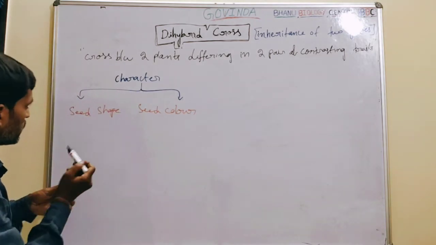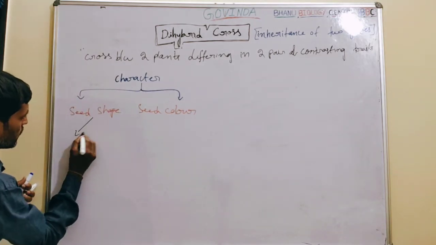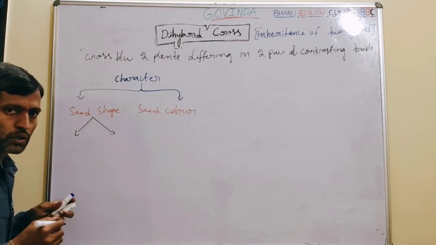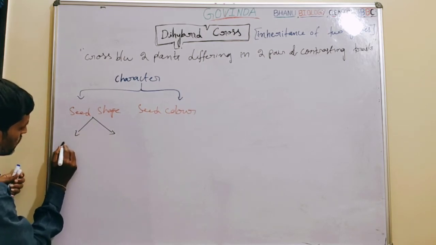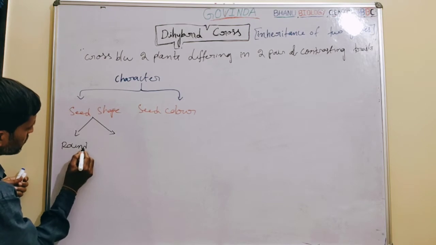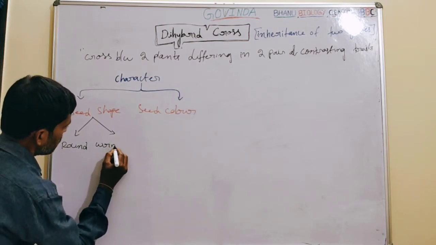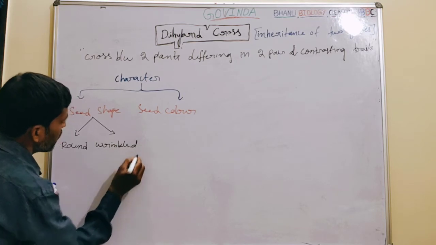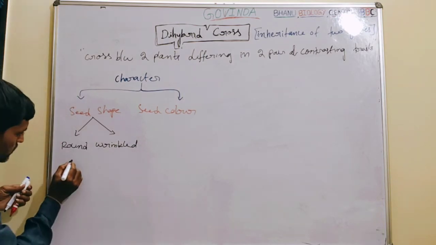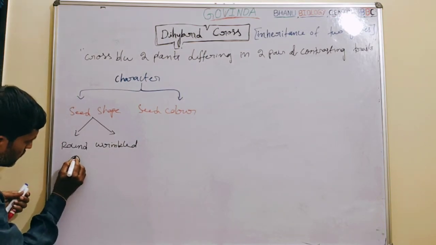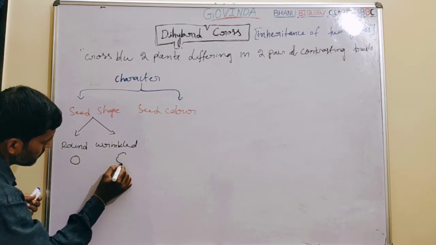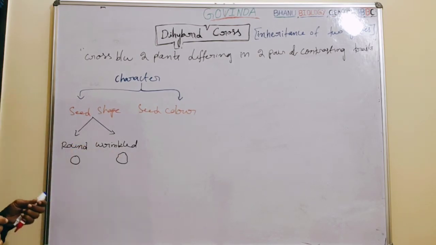Here different traits are there. In the case of seed shape, there are two traits. The one is round shaped seeds, the other one is wrinkled shaped seeds. The round shaped seeds are like this. The wrinkled shaped may be like this.